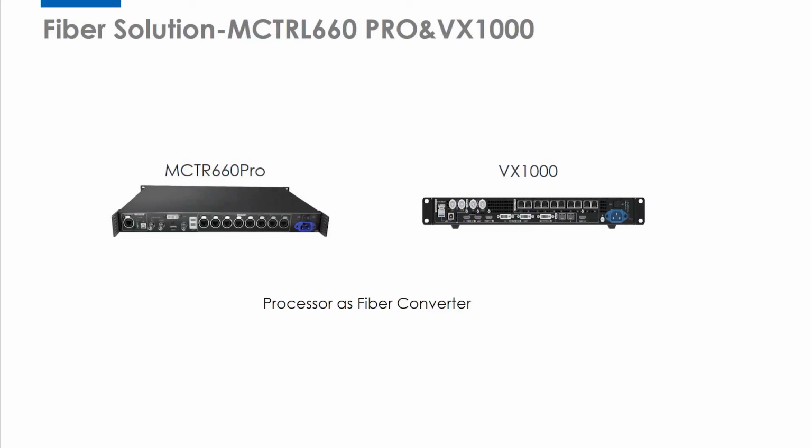Another one is as the fiber converter. So these two units, M-Control 660 Pro and VX1 Solid, can also work as a fiber converter. When you have them in your hand, they can also be regarded as a fiber converter when needed. So that's why it is called the processor as a fiber converter.